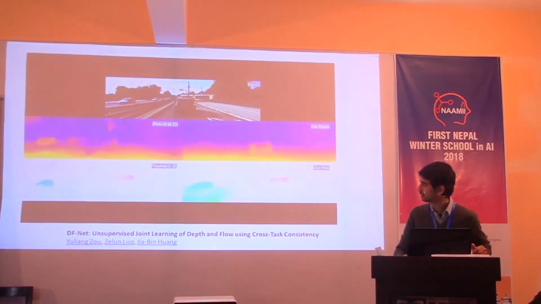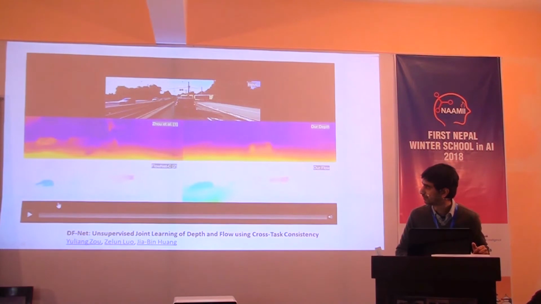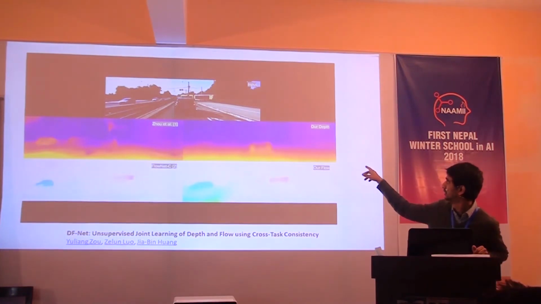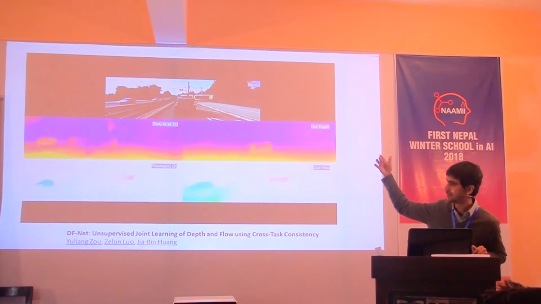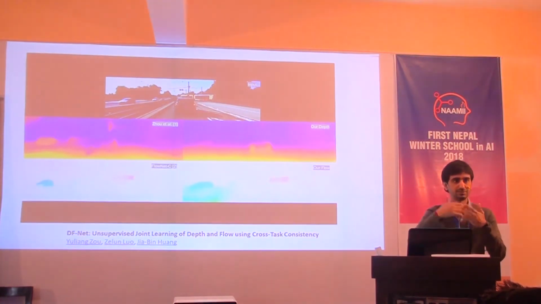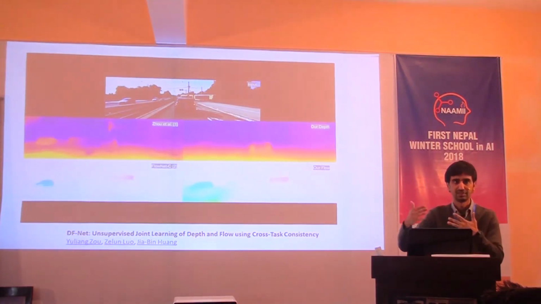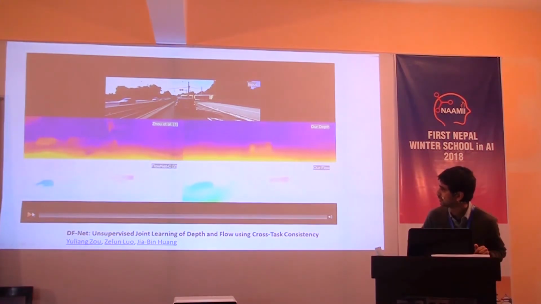There was one paper at ECCV, a conference this year, about depth prediction. The colors here show their method's depth. It's color coded, so different colors mean different depths. There's a car, I think.